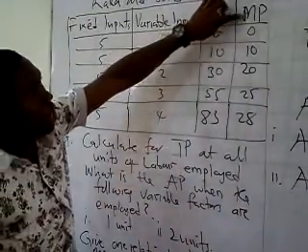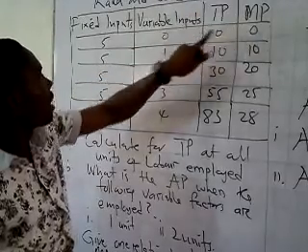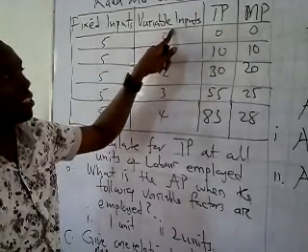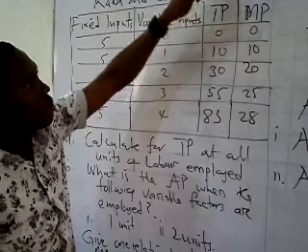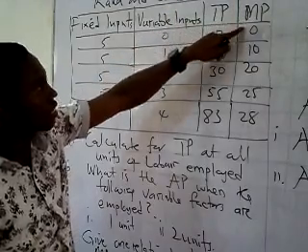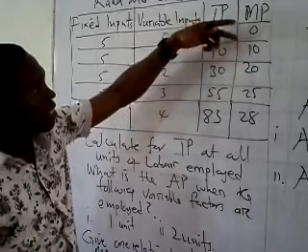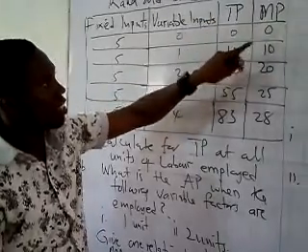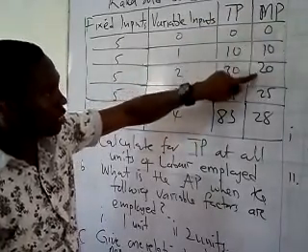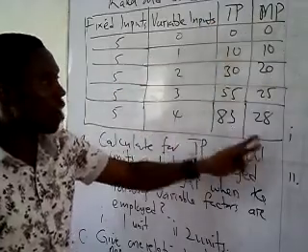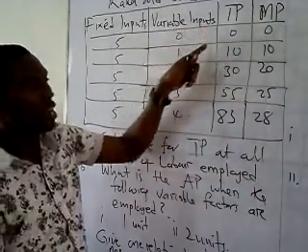If you look at marginal product, when the 0 unit of the variable factor was employed, it was 0. The marginal product started increasing when the first variable factor was employed. It increased from 0 to 10. It further increased from 10 to 20. And then it increased throughout. Let's look at total product.